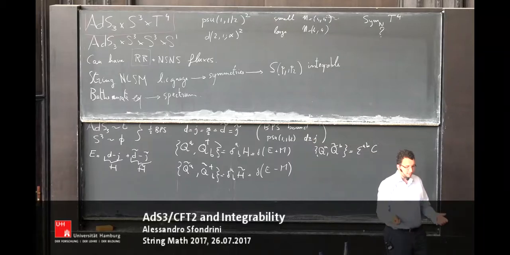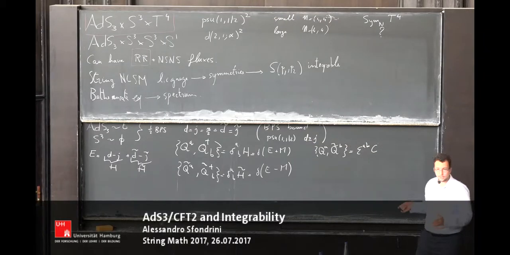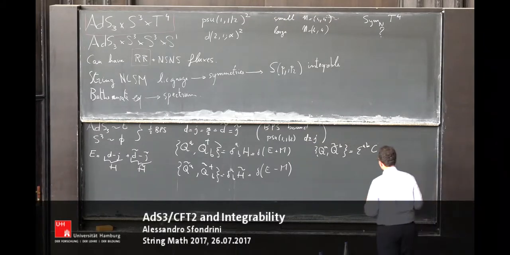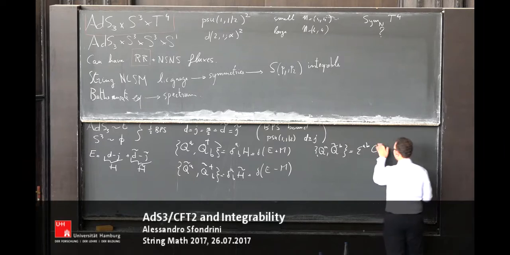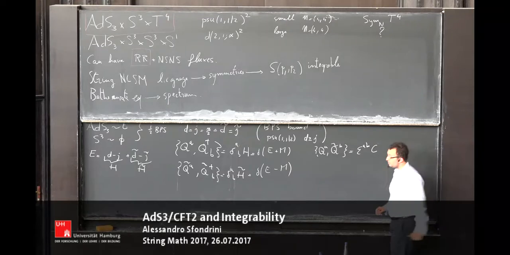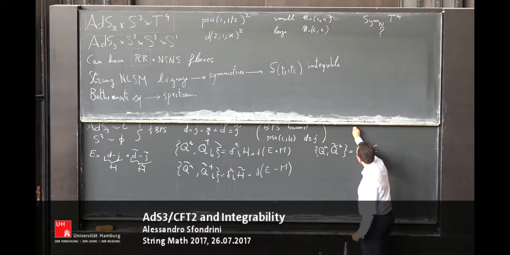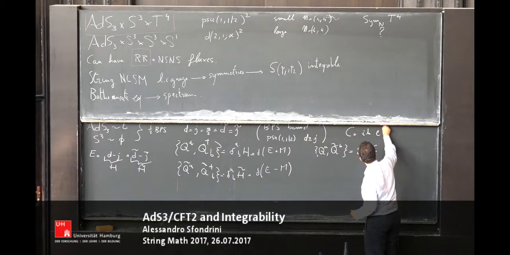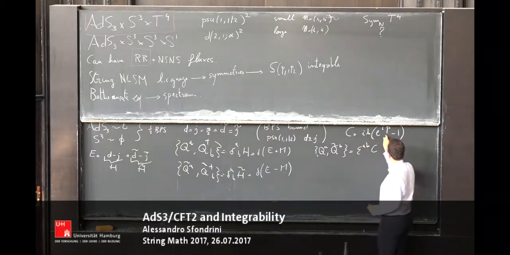But it's a feature of light cone gauge, which is very well known in AdS5, and it's a key ingredient of integrability. And it's even well known in AdS3 because Gava and Narain already in 2002 found such a central extension by studying the pp-wave limit of this story. And semi-classically, you can compute this central extension, and you find that it is a simple expression in terms of the worldsheet momentum p.